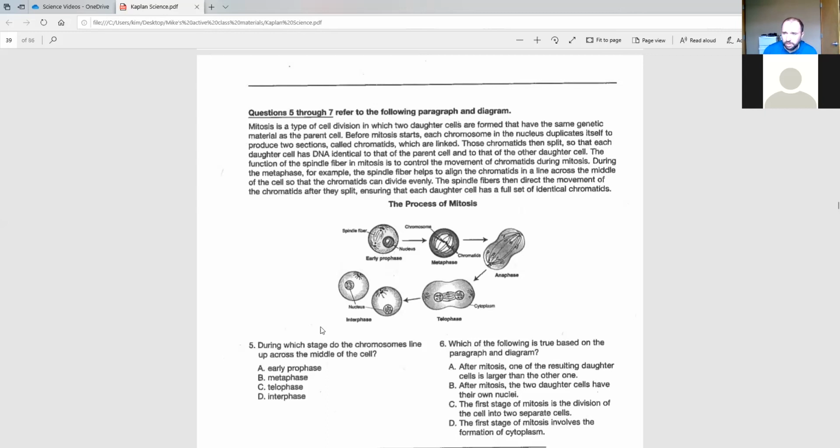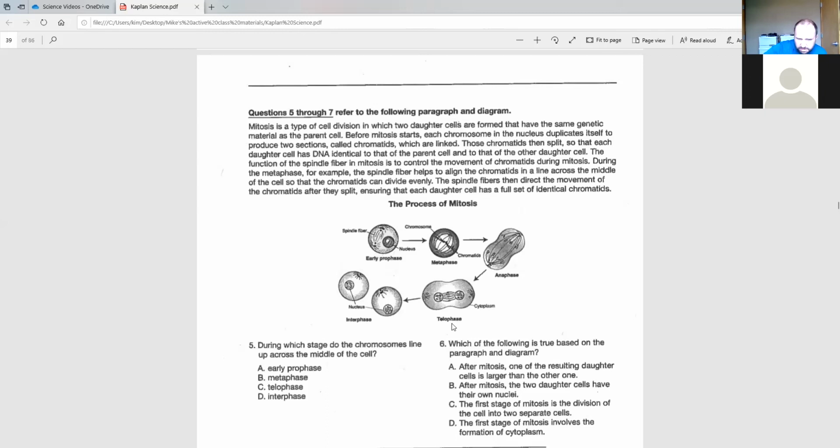Okay. So I remember reading that somewhere. There's something in there about chromosomes lining up. And there was also something in there, if I look in this picture, I can just look and see early prophase. Is there anything about chromosomes in here? No. What about metaphase? Here's metaphase. I see chromosome, chromatid. Okay, that looks like maybe it could be right.